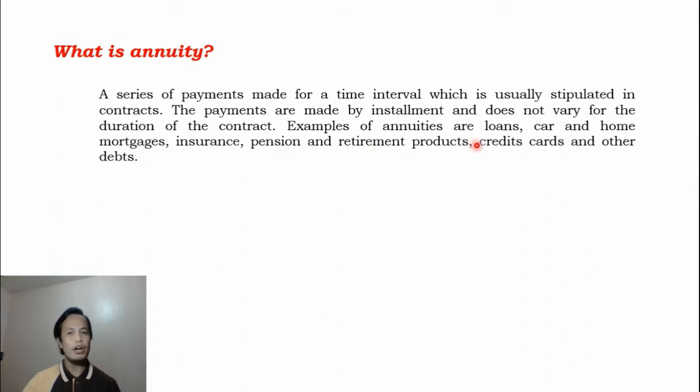Examples of annuities are loans, car and home mortgages, insurance, pension and retirement products, credit cards, and other debts. These are products which require you to pay a certain amount for a certain time interval, for a duration of many years.